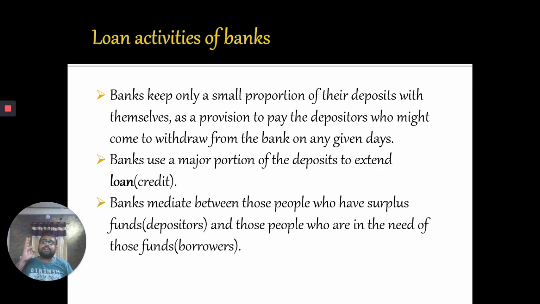So the difference between the interest earned by the bank by lending that money to the needy person, minus the interest the bank is paying to us, the depositors, is the profit of the bank.